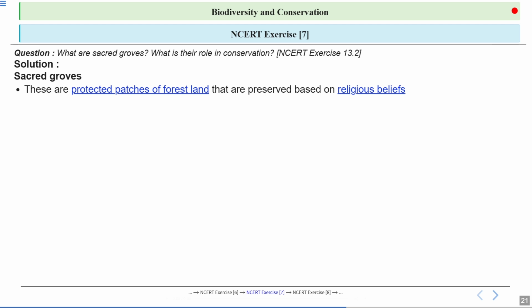Basically, sacred groves are protected patches of forest land. And why are they being preserved? They are being preserved based on religious and cultural beliefs.